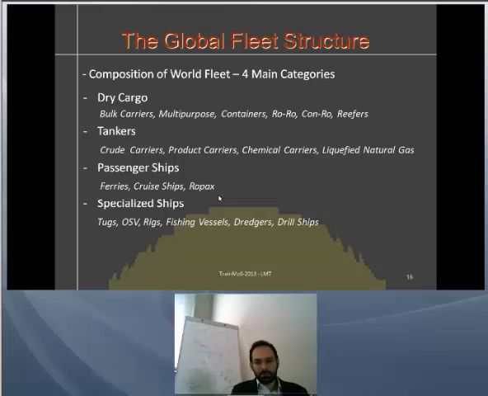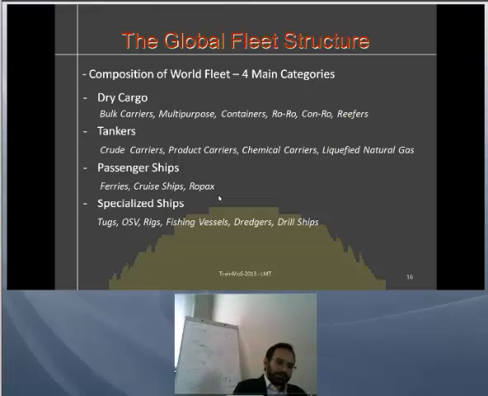And lastly, we have the RoPax vessels, which serve the domestic demand of countries for short sea shipping, transporting passengers and goods over short distances.